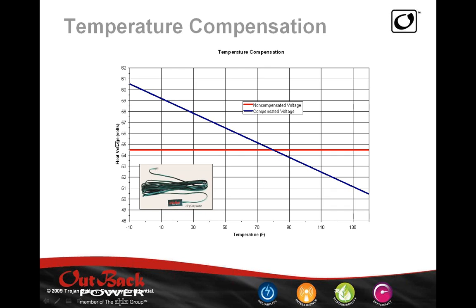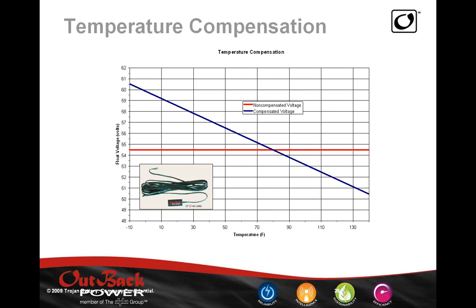The temperature compensation is very, very important because the voltage response of batteries varies as a function of temperature. So if you were sitting at room temperature, you'd have a specific voltage response, but if it was, let's say, a cold climate, and you were charging the battery, then that voltage response is going to be much, much higher.